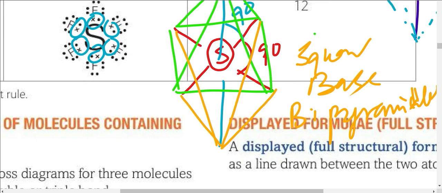Each pyramid, because it's two pyramids combined together with their bases to each other, has 4 faces. So 4 is tetra and 8 is octa. We call it octahedral.